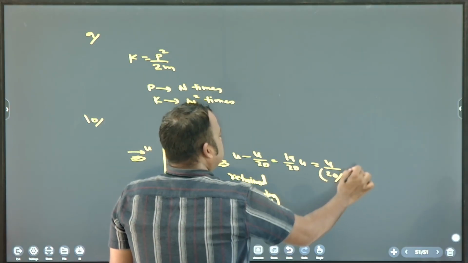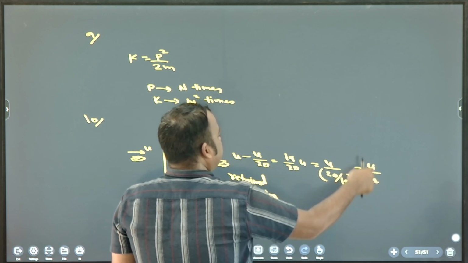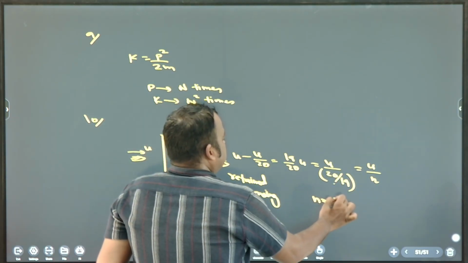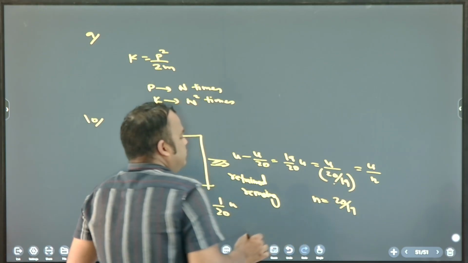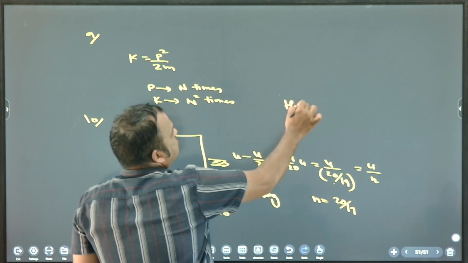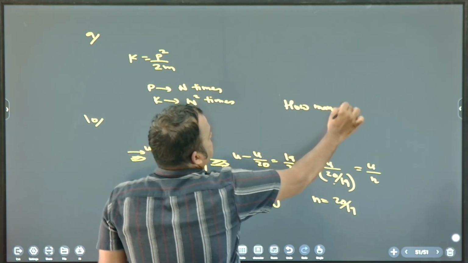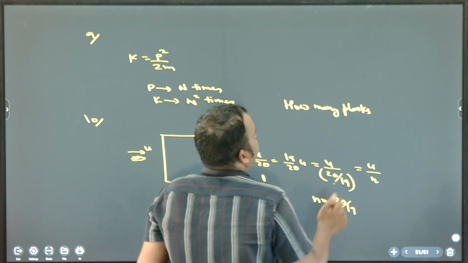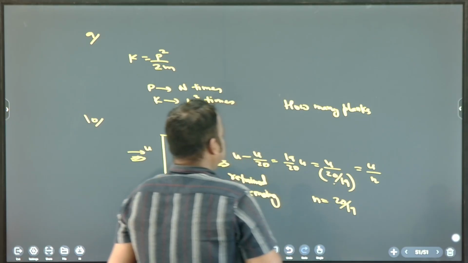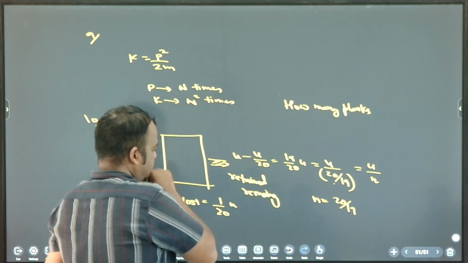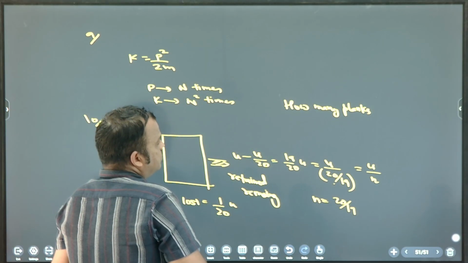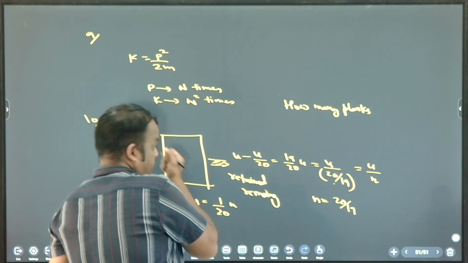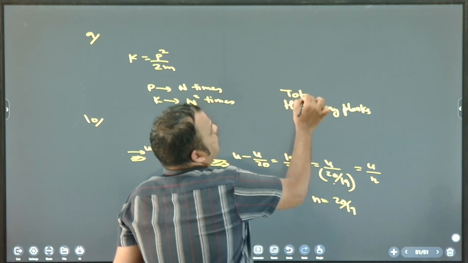So we have derived this u by n. What is the n value? 20 by 19. Now, how many planks are needed in total?